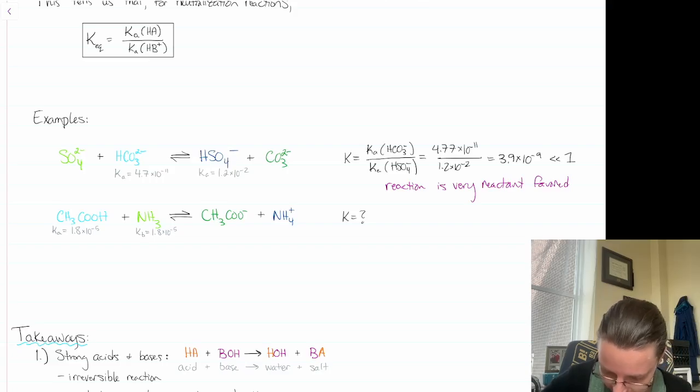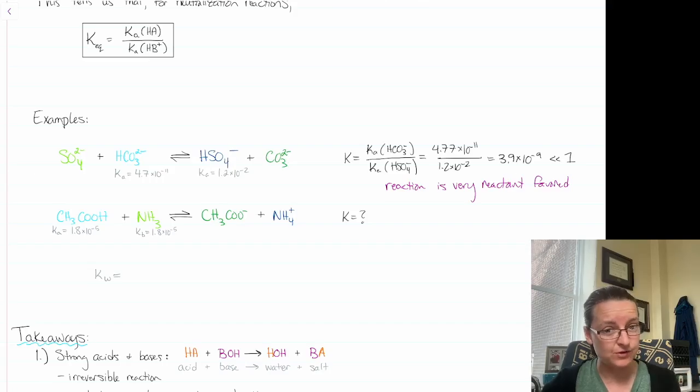The good news is this isn't actually that big of a deal, because remember, whenever you're trying to relate a Ka value and a Kb value for a conjugate acid-base pair, the product of the Ka and the Kb value for that pair is going to be equal to Kw. In our case, we're going to assume we're at room temperature, so Kw is 1 times 10 to the negative 14th.